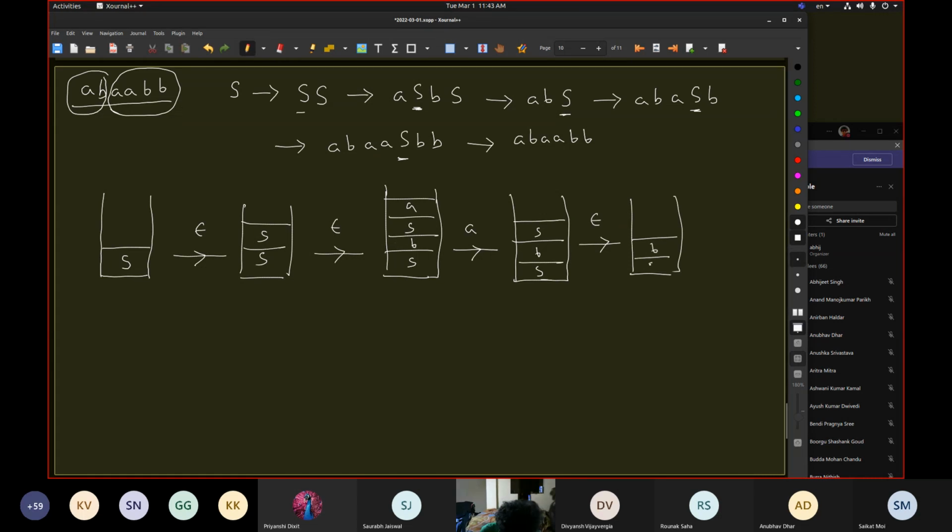Whatever remains is B, S. So now it consumes the next B from the input, and at the same time it pops that B from the stack. Then what does the derivation do? It replaces that S by ASB. The machine can also do it that way.